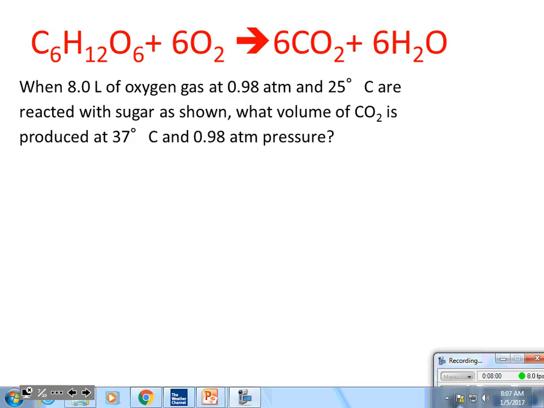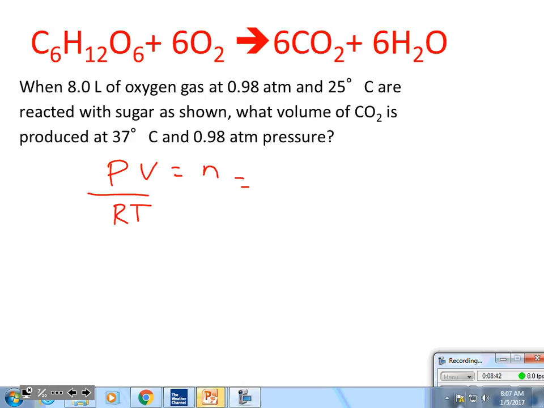All right? So what I am going to do to start with is take PV equals nRT and convert it to moles of oxygen gas. So just like we did in the previous example, PV equals nRT. So I know that n is equal to PV over RT by manipulating my equation.